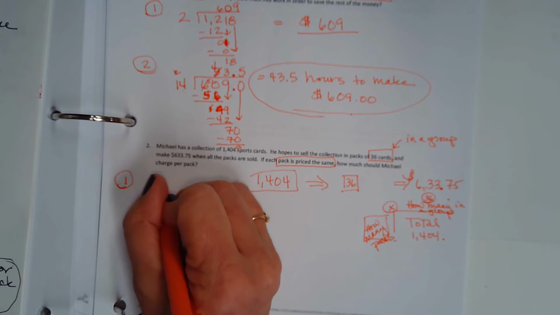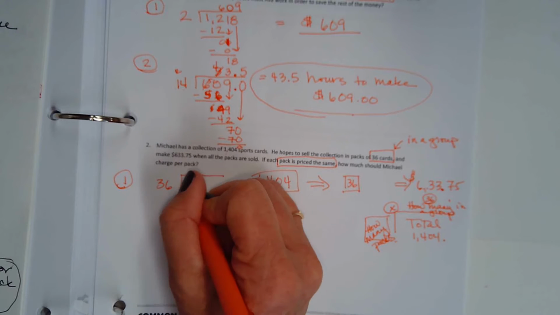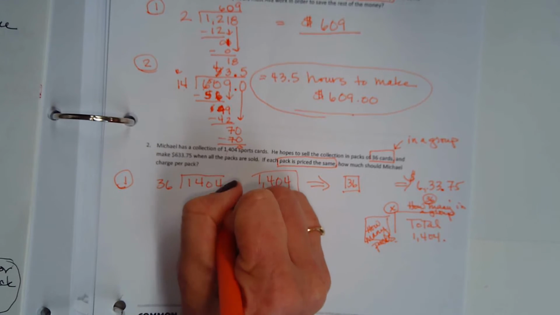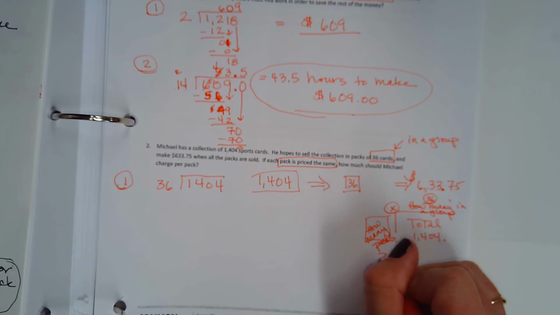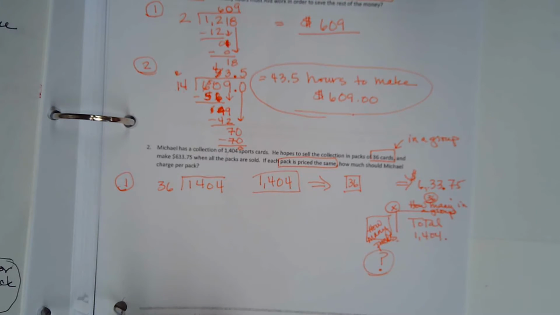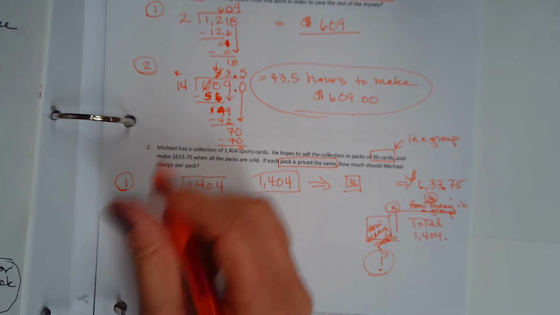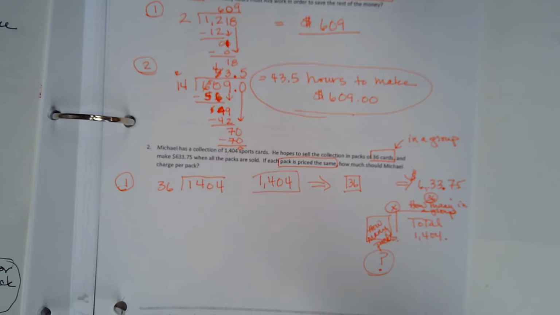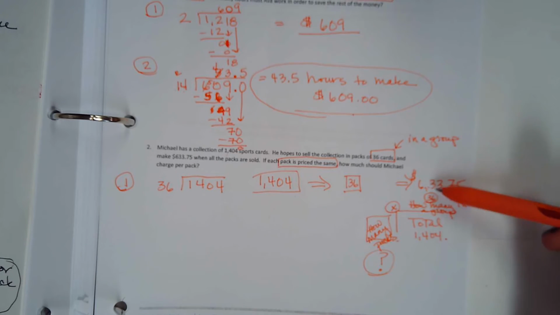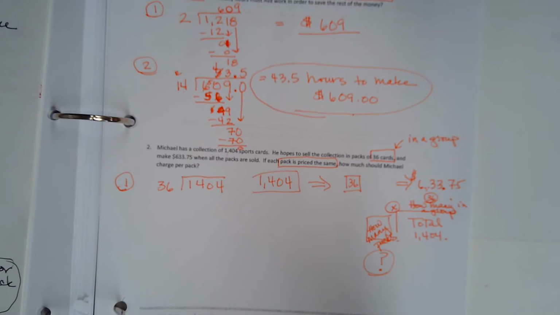Exactly. So step 1, 1,404 divided by 36. And that's going to give us how many packages.